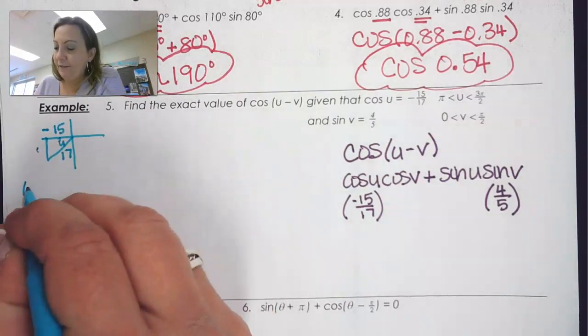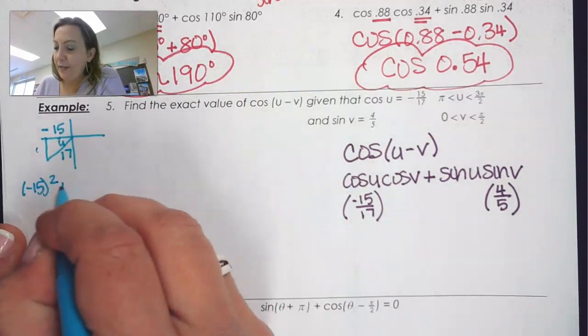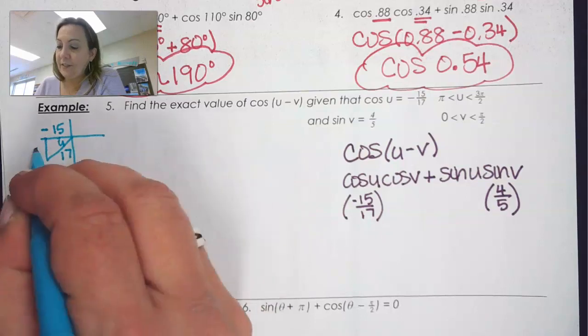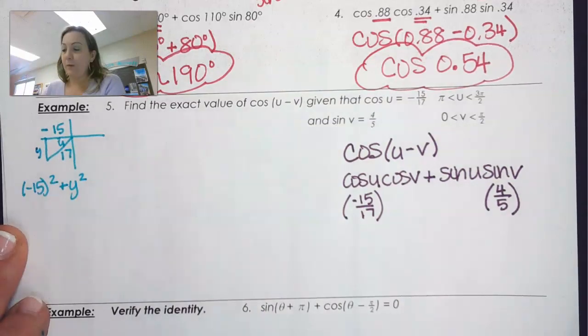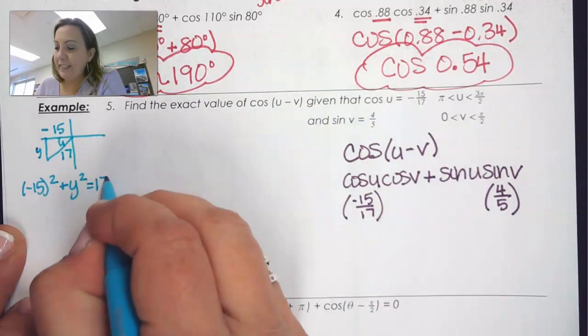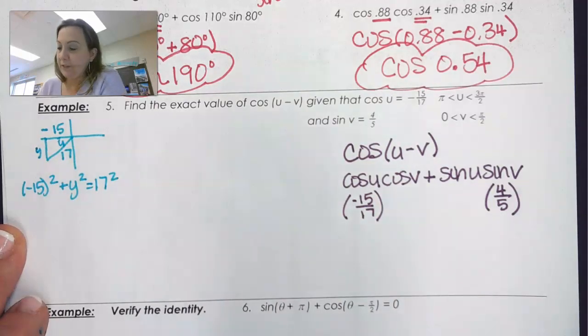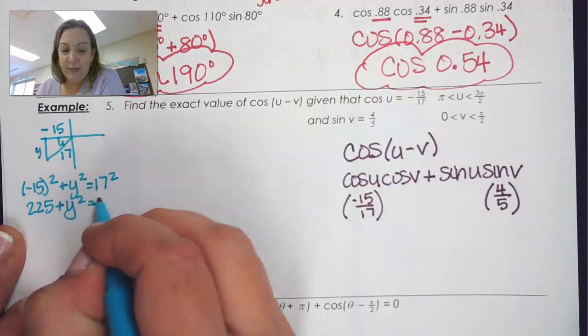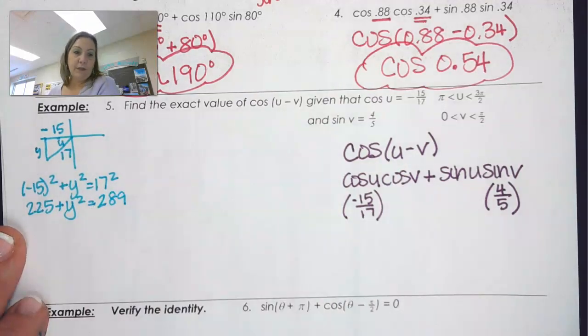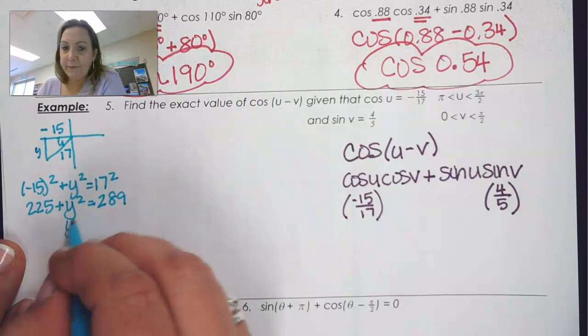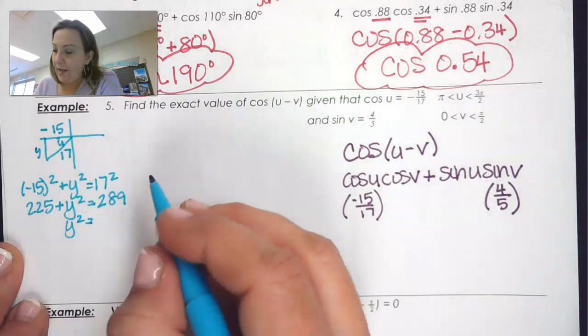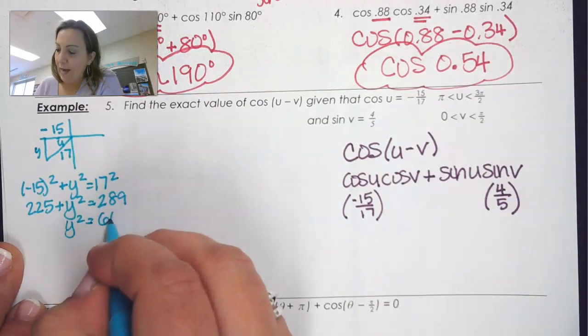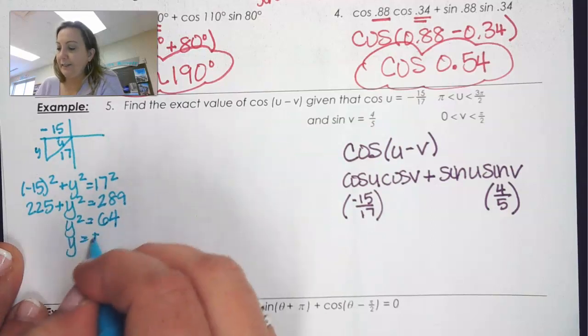So I have negative 15 squared plus y squared, because that's the y value that we're moving up and down, equals 17 squared. If you know your triples, you know what it's going to be, but if not, we can use the Pythagorean theorem. And we get that y could be plus or minus 8.